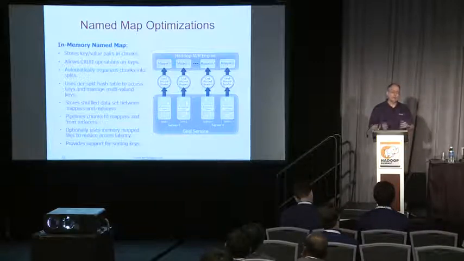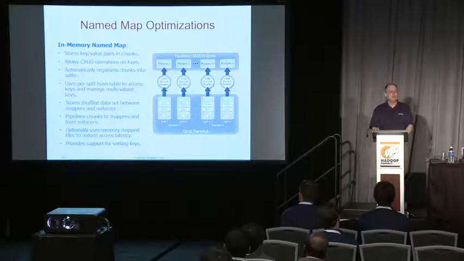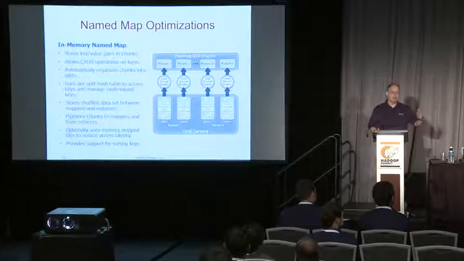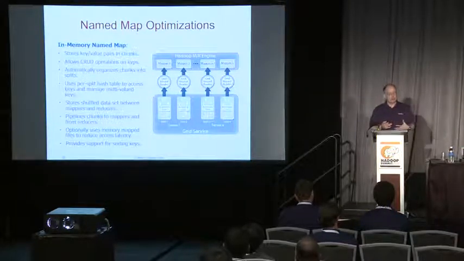The other thing is we can use the chunking mechanism to automatically create splits and partitions for MapReduce, so all of that can be automated and handled very efficiently by the NameMap itself. Also, as I mentioned, we can pipeline the chunks into and out of the mappers, through the grid for the reducers, and then from the reducers back to the grid.